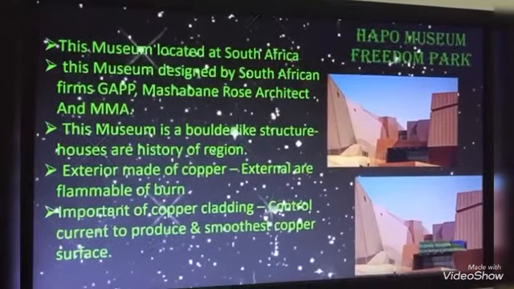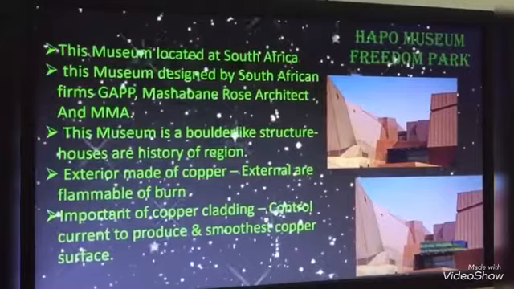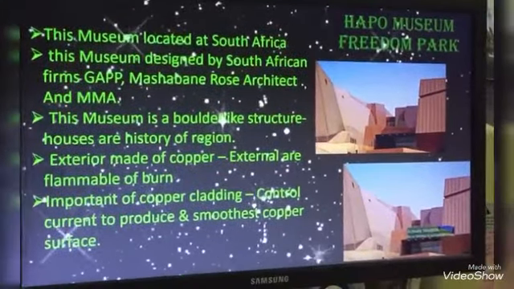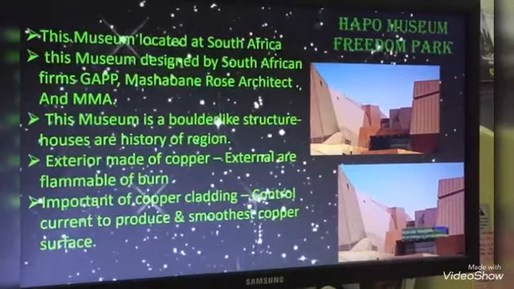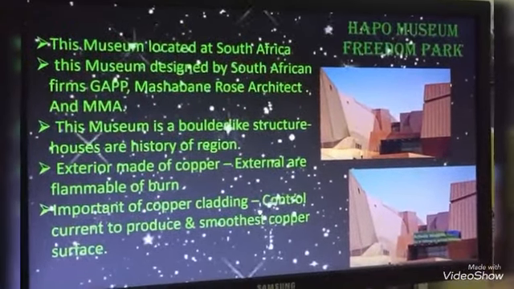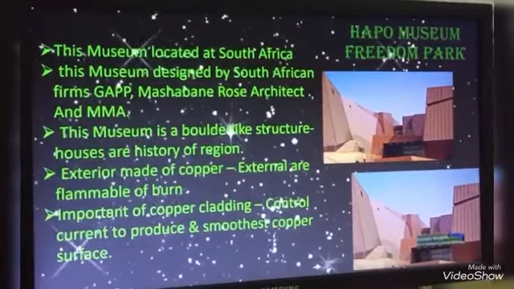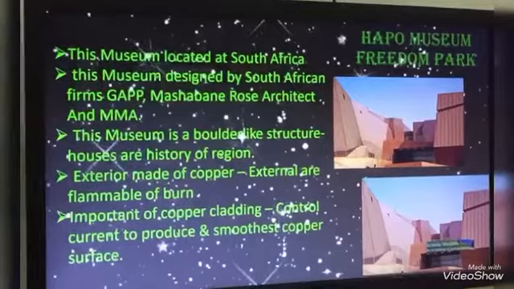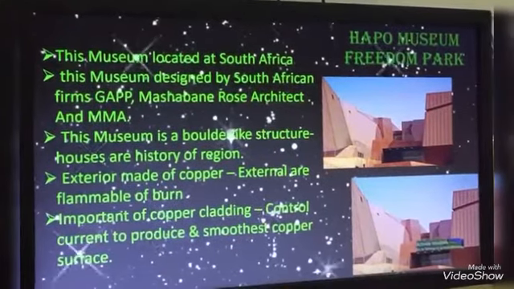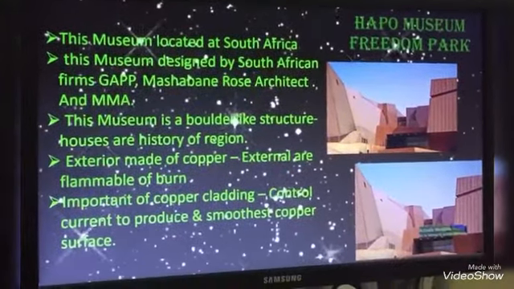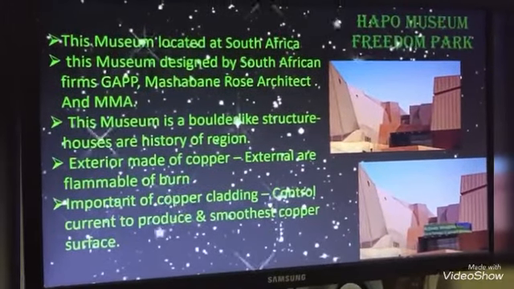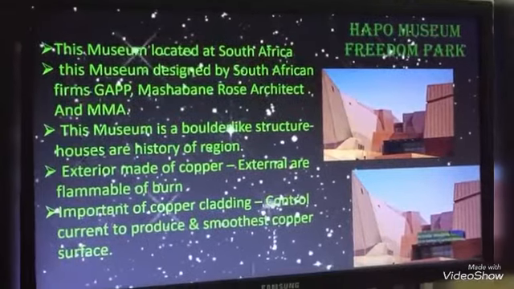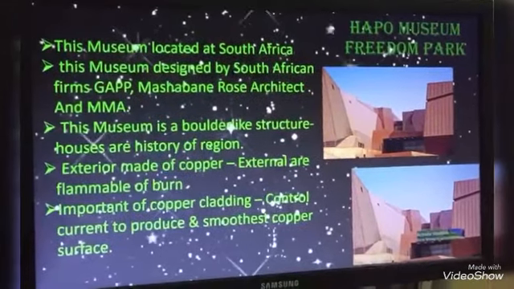The importance of using copper for this building is to control the current and the smoothness of the copper surface. As we all know, copper is a good conductor and it reduces heat energy. South Africa is one of the hottest countries, so by using copper, they can reduce the heat energy surrounding the building.